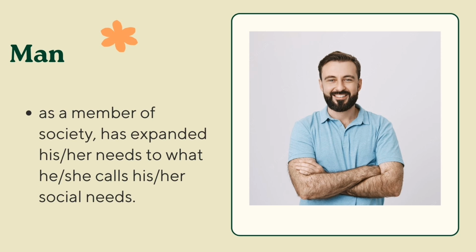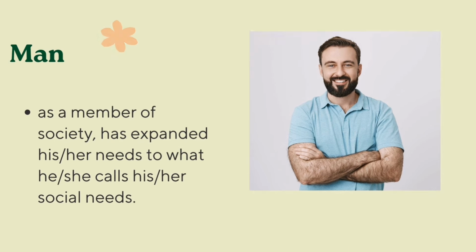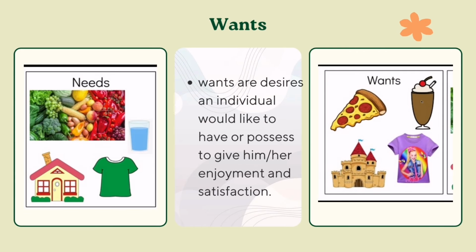She needs to establish and maintain a smooth and lasting relationship with a social group, which is why she has social obligations to perform. Wants, on the other hand, are different from needs. If needs are essential to survival, wants are desires an individual would like to have or possess to give him or her enjoyment and satisfaction.